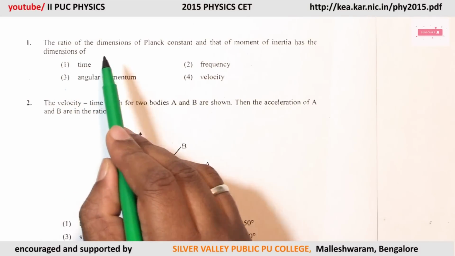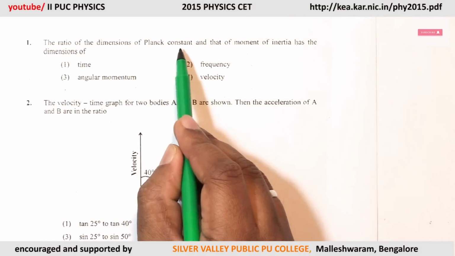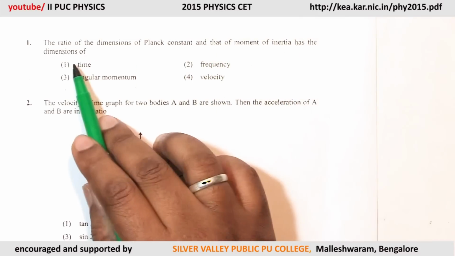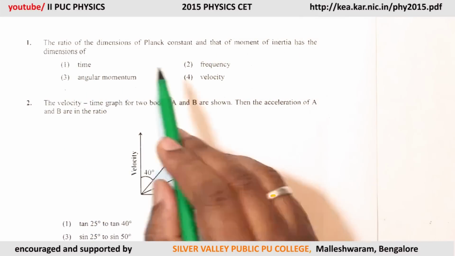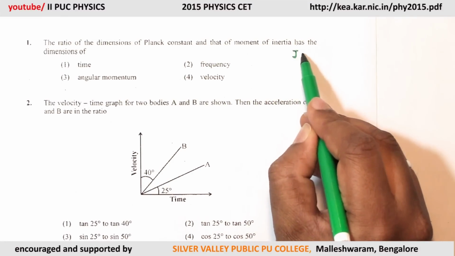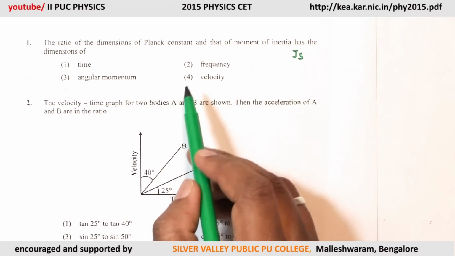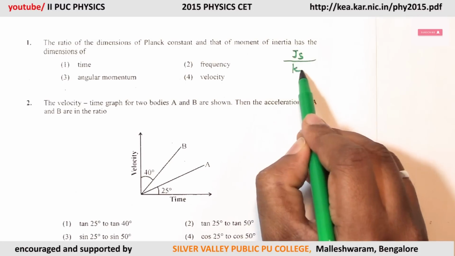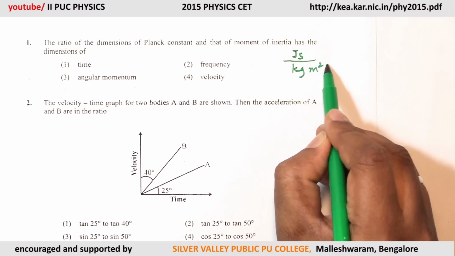The ratio of dimensions of Planck's constant and that of moment of inertia has the dimensions of. Planck's constant is joule second. Moment of inertia is kg meter square.